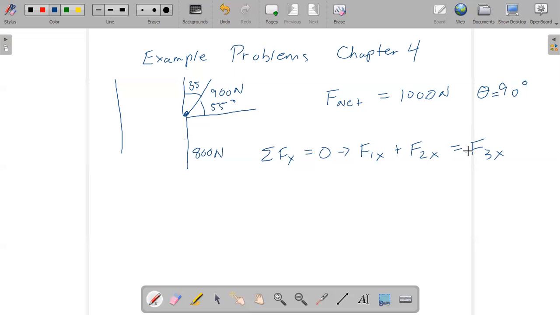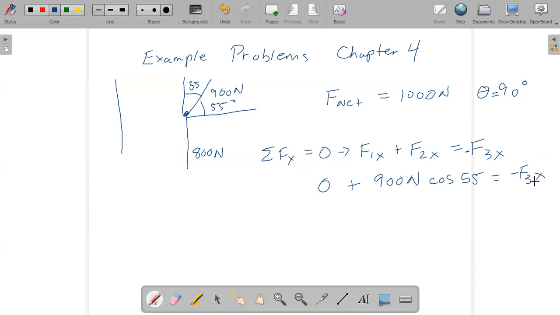That's going to be 0 plus 900 newtons, that's positive, cos 55 equals negative F3X.